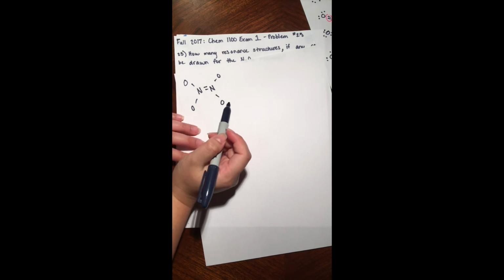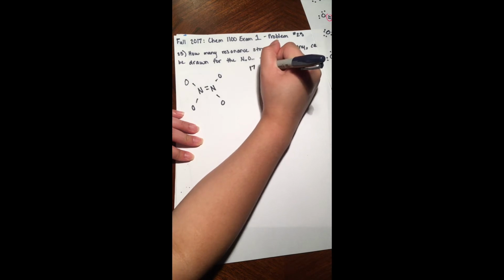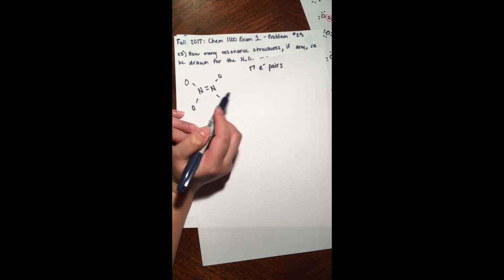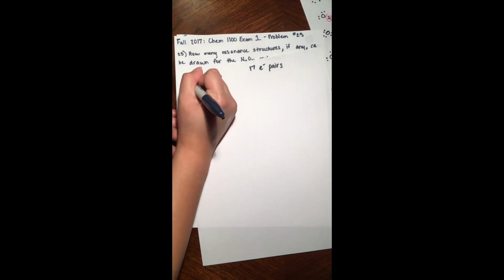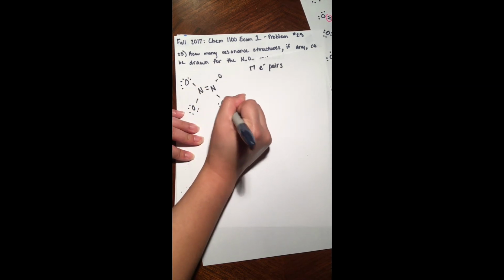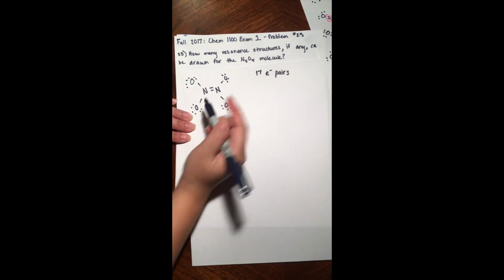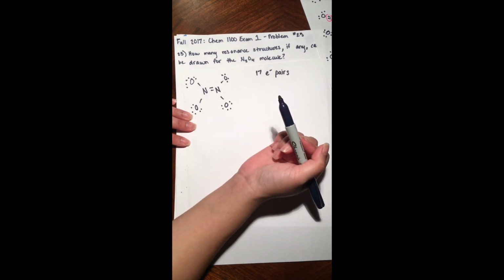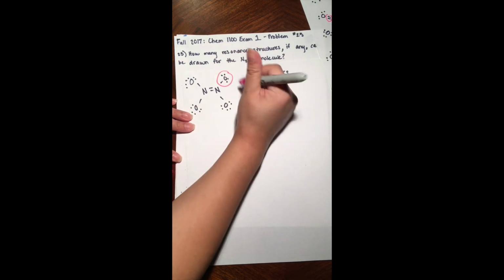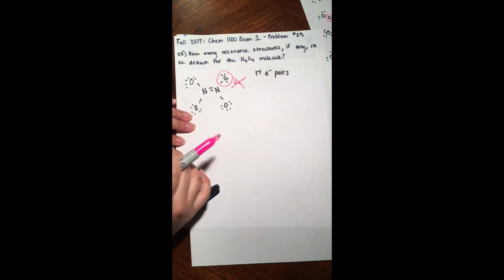That's not going to work out, because we said we needed 17 electron pairs, and we already used up 1, 2, 3, 4, 5, 6, 7, 8, 9, 10, 11, 12, 13, 14, 15, 16, and 17. So if you try to double bond the nitrogens, that's not going to work out, because this oxygen only has 6 electrons, but it needs 8. So we can't have that because it needs a complete octet.